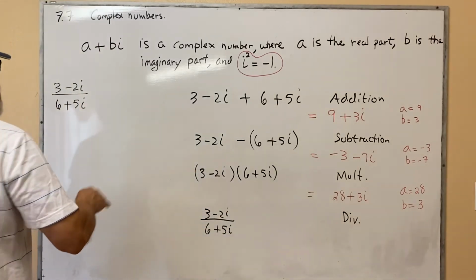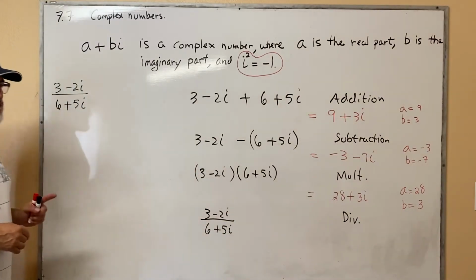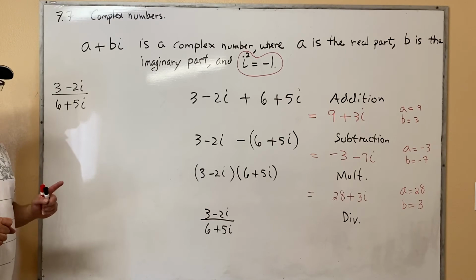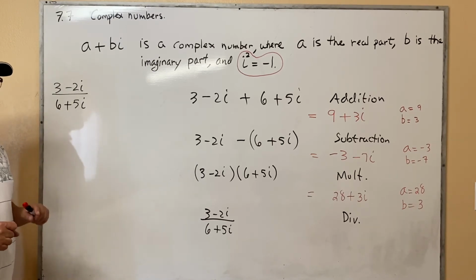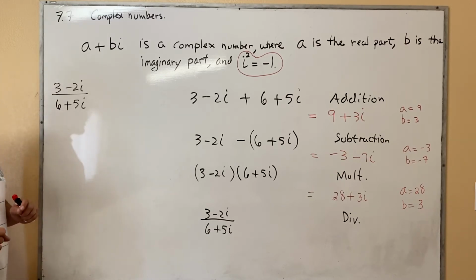When you divide complex numbers, you must multiply top and bottom by the conjugate of the denominator.